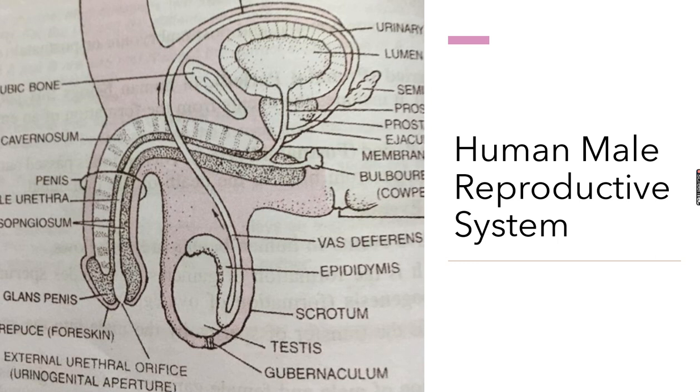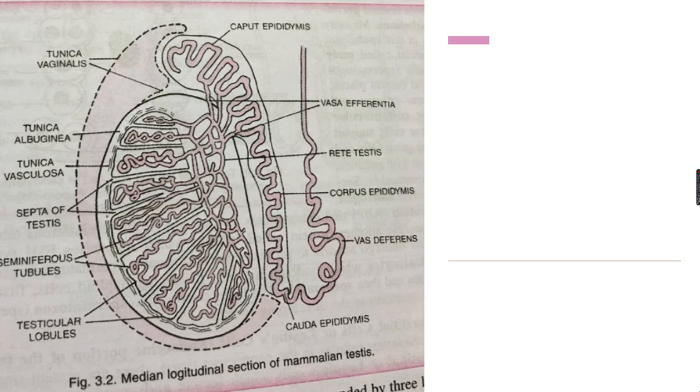Now we'll study the internal longitudinal section of mammalian testes. This is the most important diagram of the internal median longitudinal section of mammalian testes. First of all, we'll see that it is surrounded by three layers. First is Tunica Vaginalis, the outermost layer.